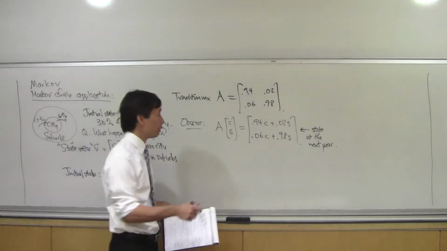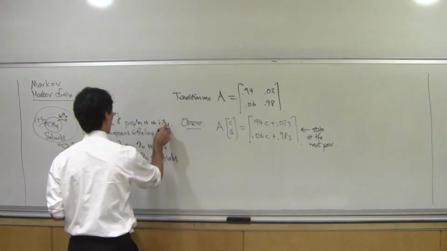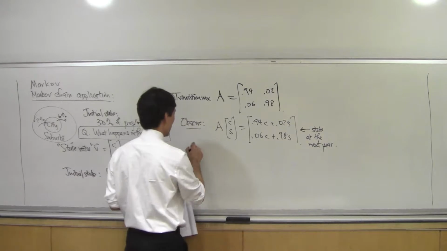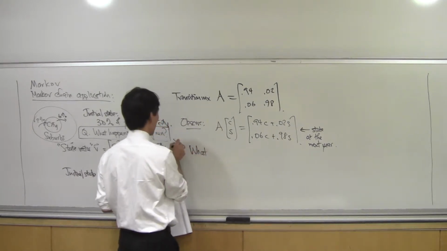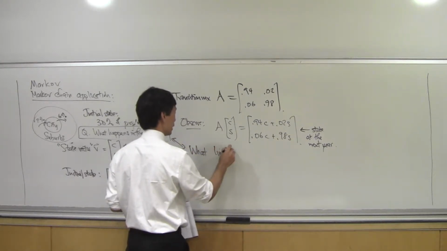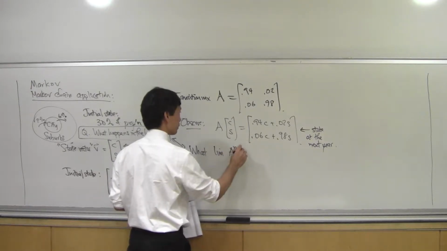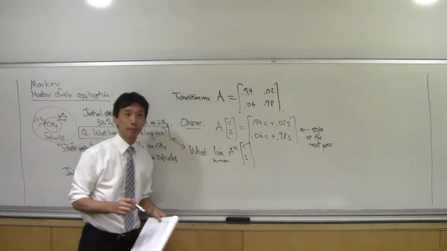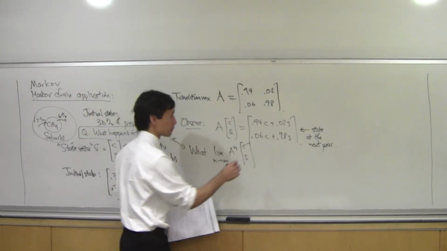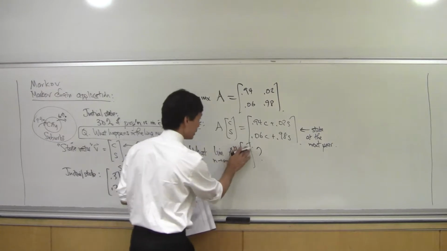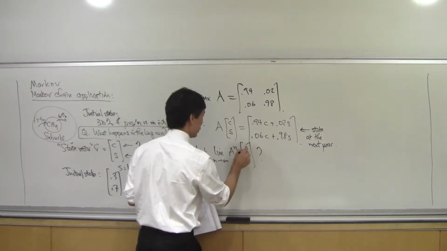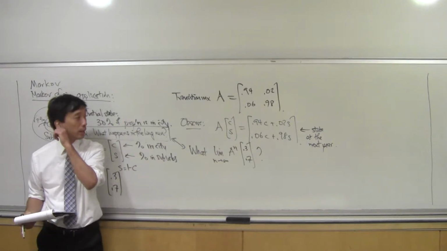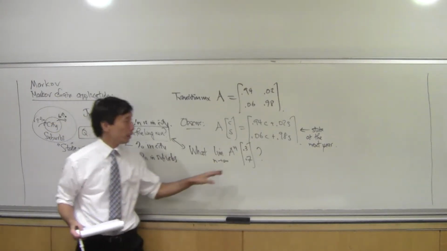So what this problem of what happens in the long run boils down to is the same thing as asking, what is this as n goes to infinity? Oh, and I should say, I should start off with this 0.3, 0.7.